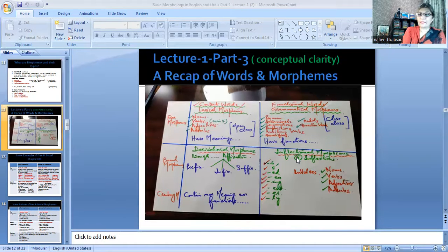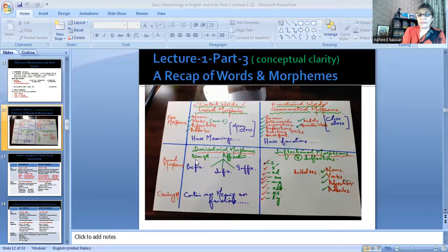In the next lecture, I will be talking about the types of morphology and the processes and then the methods as well. But here I should briefly tell you that through the derivational process or the inflectional process, we make words in the English language. These are two very important processes or methods through which English words are formed.